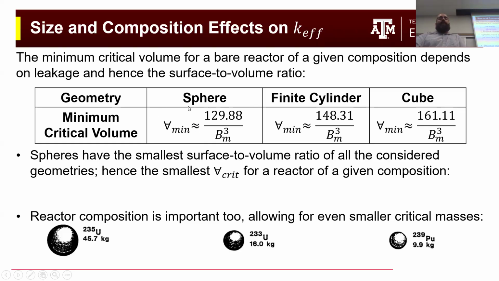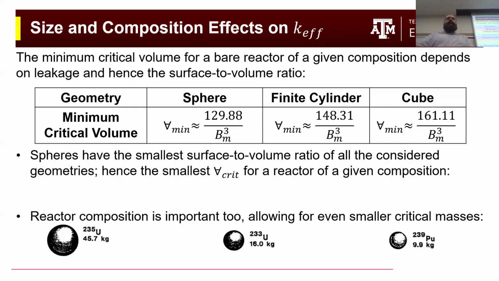The most important thing for these simple shapes is the surface to volume ratio. The surface to volume ratio gives you a measure of how much leakage you can have out of your system. If the surface is very large compared to the volume, you're going to have a lot of leakage. If the surface area is small compared to the volume, you're going to have less leakage.